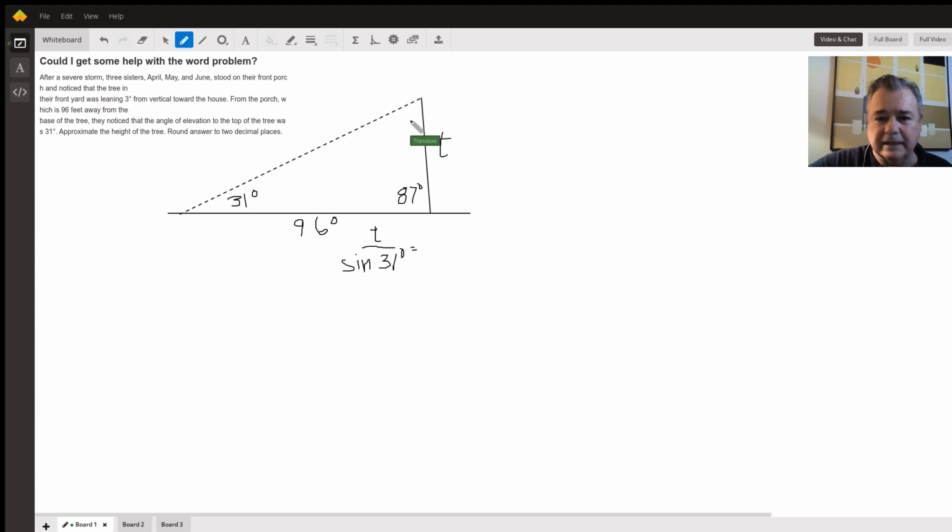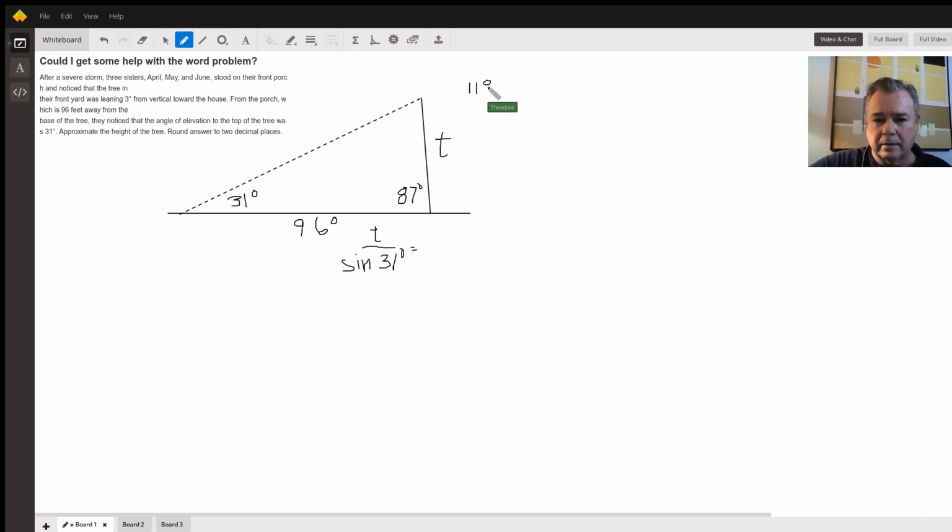And that's going to equal what? It's going to be the sine of this angle over 96. Well, what is that angle? Every triangle has a total of 180 degrees. So what we'll do is add these two angles, 31 and 87, which gives us 118.